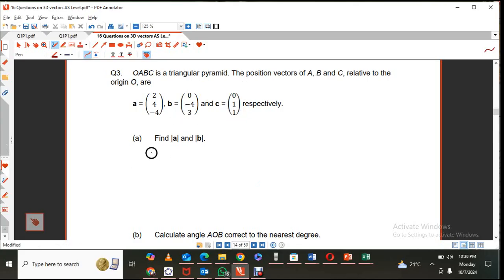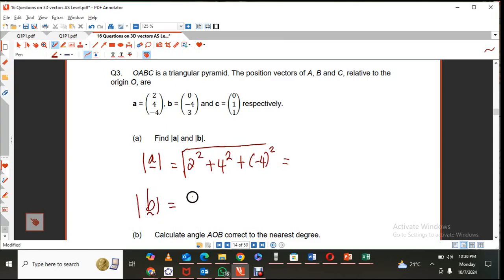So first we have to find the magnitude of vector A. That is quite straightforward. You take 2 squared plus 4 squared plus (-4) squared, and I'm going to put it in brackets over there. And then you take the magnitude of vector B. So 0 squared is just going to be 0, so I'm not going to work with that. (-4) squared plus 3 squared.